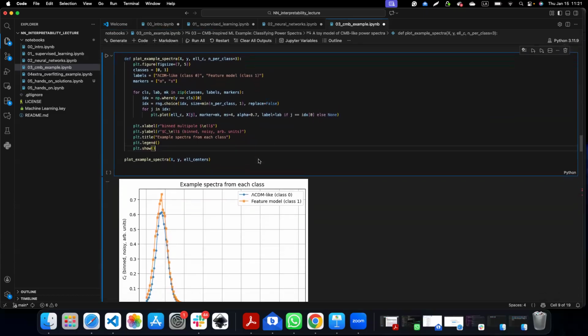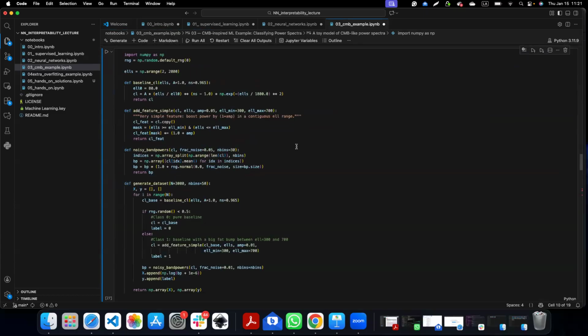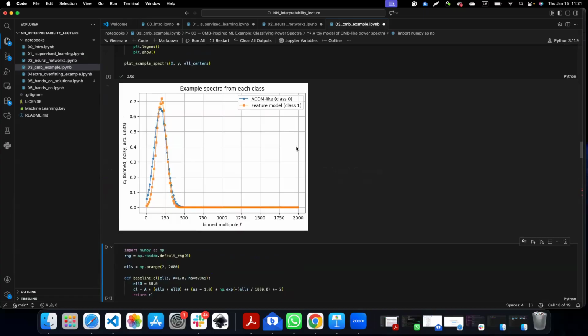And then we want to plot to see more or less how our binned data looks like. So we're going to have two cases, right? The lambda CDM, which is going to be this blue, and this feature model, which is going to be the orange. I just took two examples, but remember that these also have the uncertainty, okay?